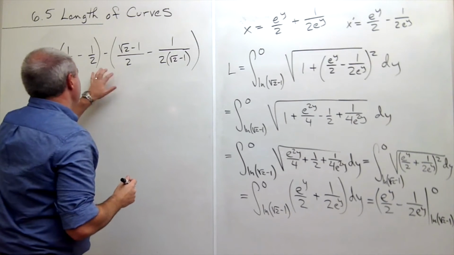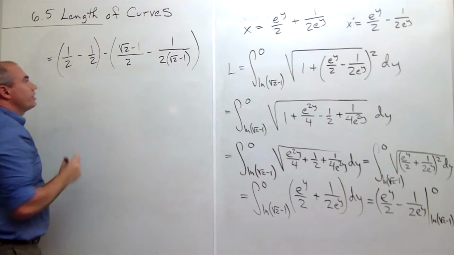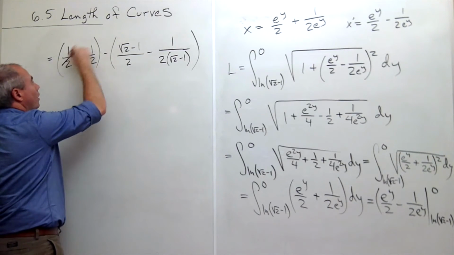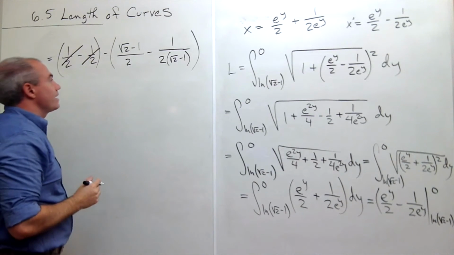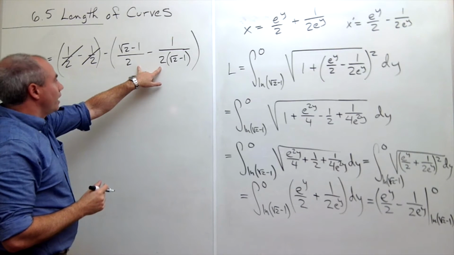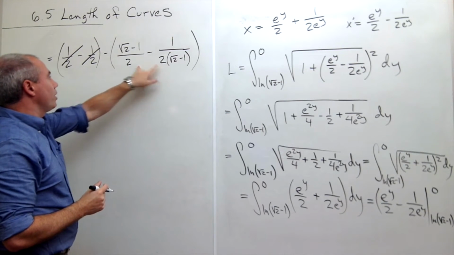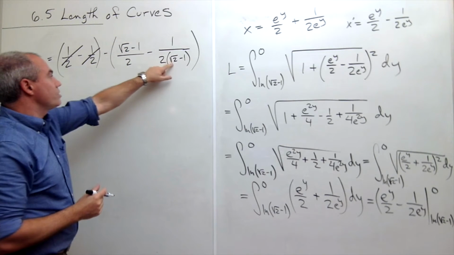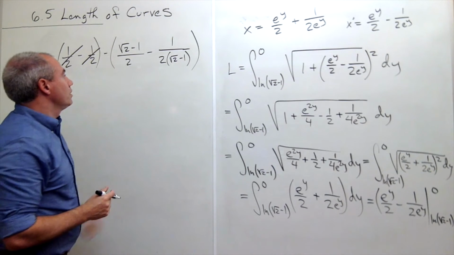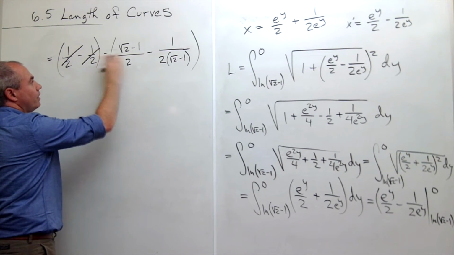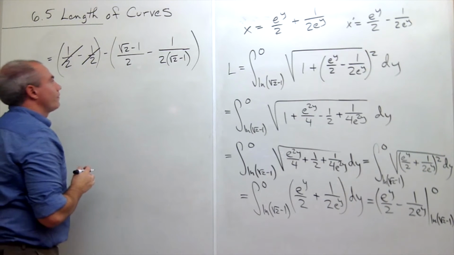All right, so this is my answer, but I'm sure that I can simplify it down a little bit better than this. So I get a 1/2 minus a 1/2, those just cancel. And now I have this, which actually does have a common denominator if I multiply the top and bottom here by the square root of 2 minus 1. So let's do that. Notice there's a negative here. I could distribute that negative if I wanted to.